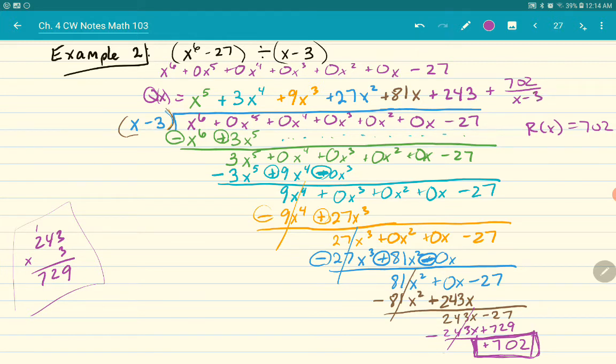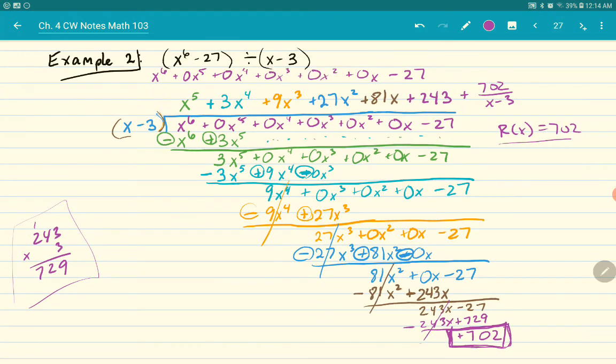So two different ways to write that. Depending on your instructions, if you're asked to find a function for the remainder, do 702. And yeah, so actually I did some mixed messages here. So I will take off that quotient, q of x. So this is the whole answer with the remainder written as part of the answer.